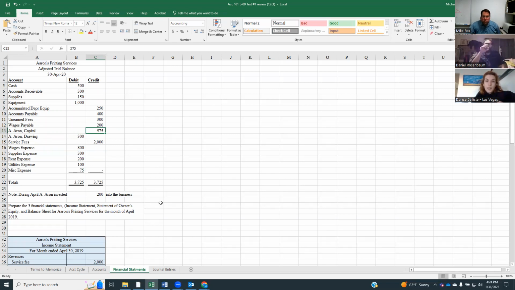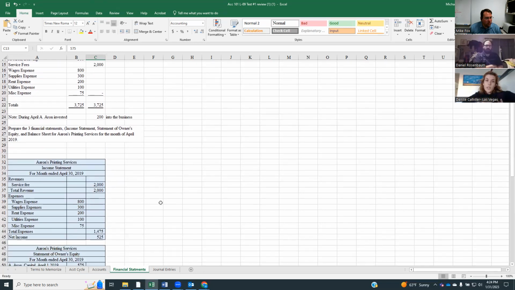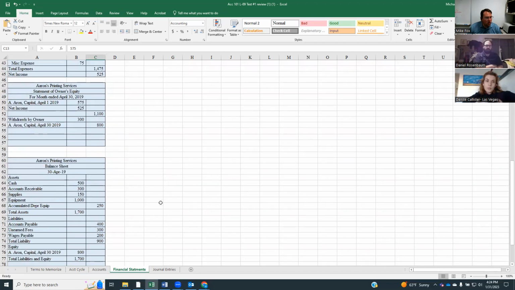I was calculating that and it just didn't balance, but why wasn't I supposed to put the 200 in there? Well, you should. It should factor into his capital.